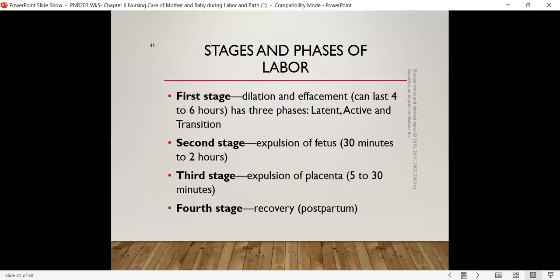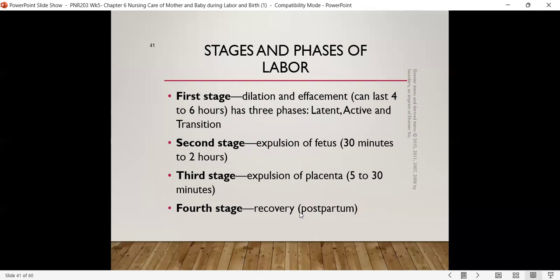The second stage is now you're completely dilated. She's pushing. This is a pushing stage, and she's going to deliver that baby. She can push anywhere from 30 minutes up to 2 hours. The third stage is the placenta. That takes from 5 minutes to 30 minutes. And the fourth stage is your recovery, which in the LDR is usually 1 to 2 hours based on mom's response and what kind of anesthesia she had.